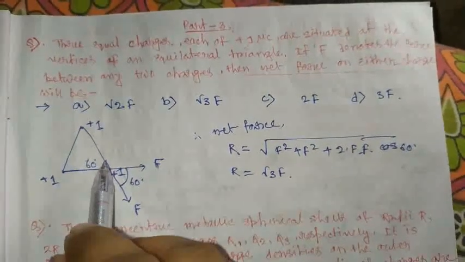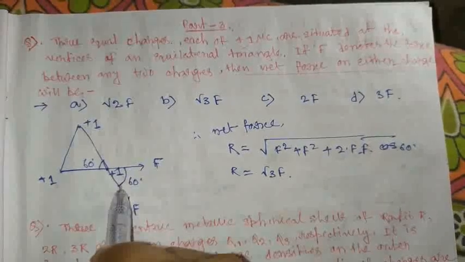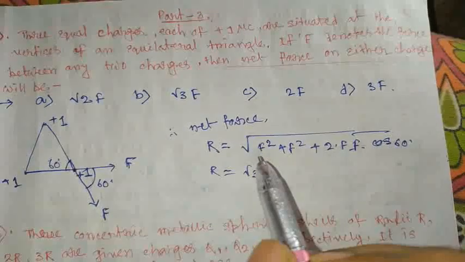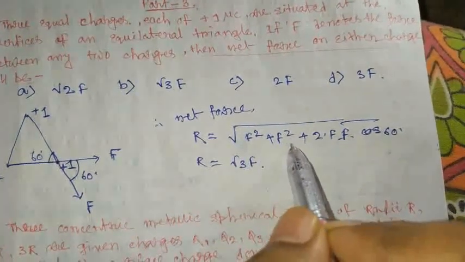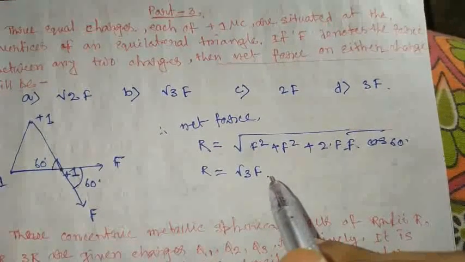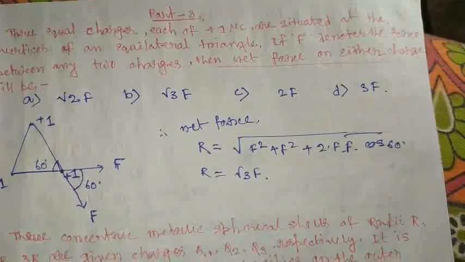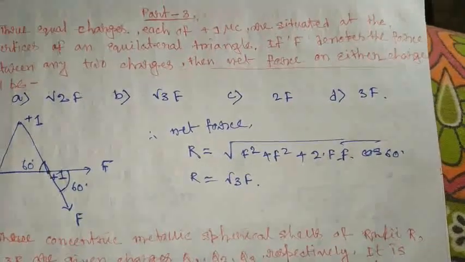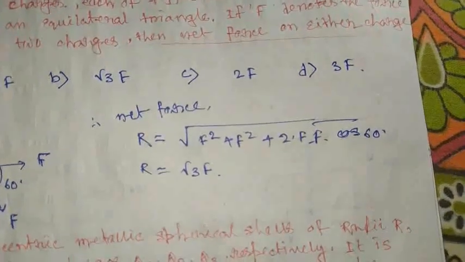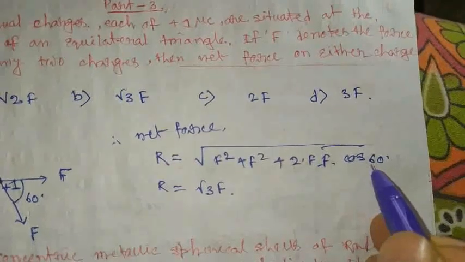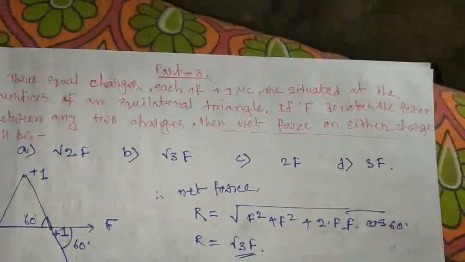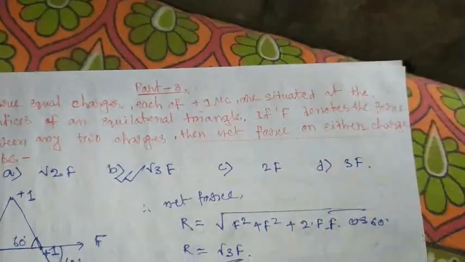The angle here is 60, so the net force is root over of F square plus F square plus 2FF cos 60, because we know how to find the magnitude of two vectors according to the triangle law of vectors. C equals root over of a square plus b square plus 2ab cos alpha, and we know the value of cos 60 is half, then it is 3F square, so root 3 F. So the correct option is B.